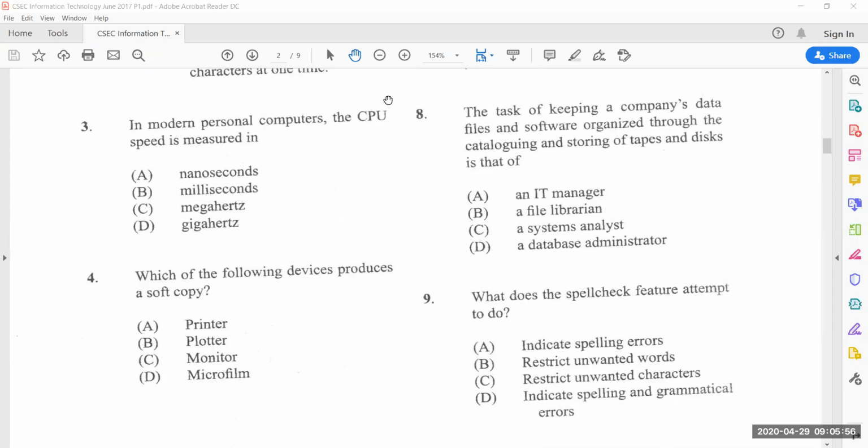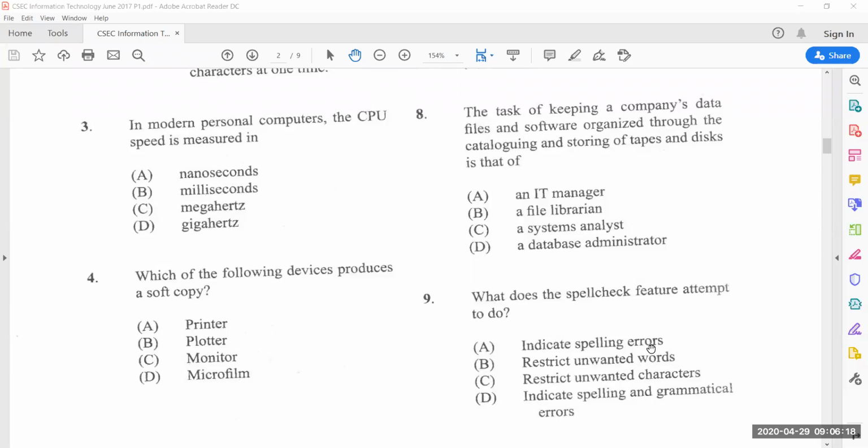Yes, gigahertz. Now CPU speed could be measured in both megahertz and gigahertz, but the key to the question there is modern personal computers, and that unit would be gigahertz. All right, number 4.